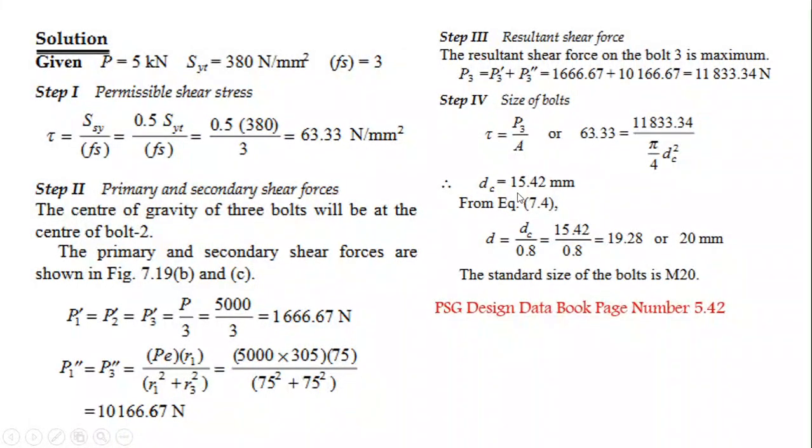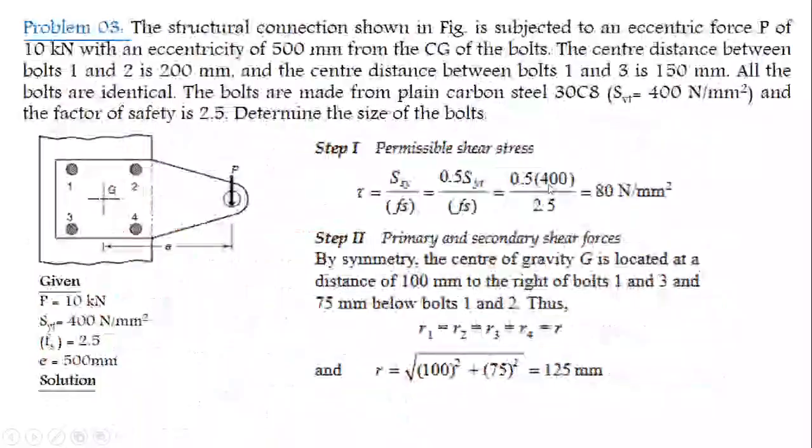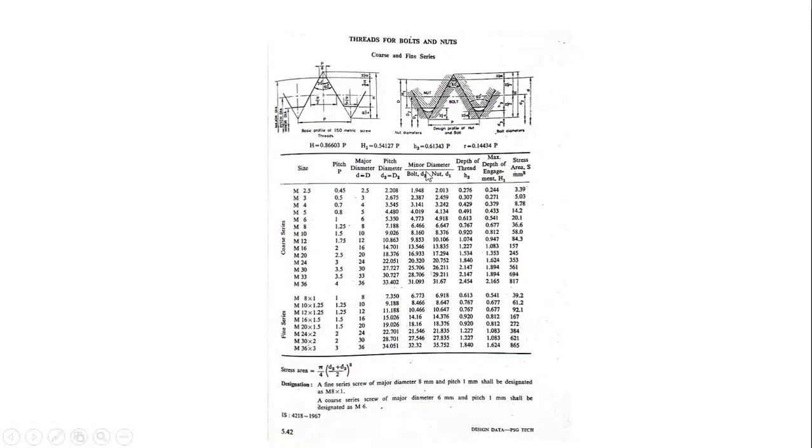Using this value, the minimum diameter, let's see the data book. dc equal to 15.42, the minimum minor diameter. This is the value 16.933.